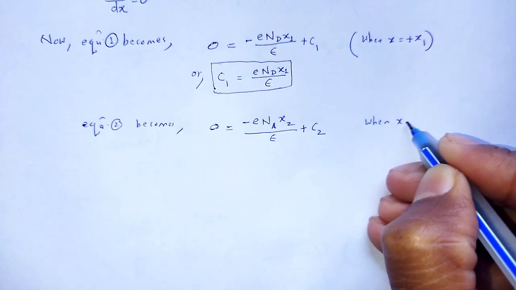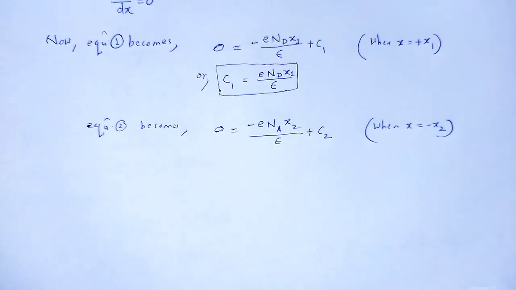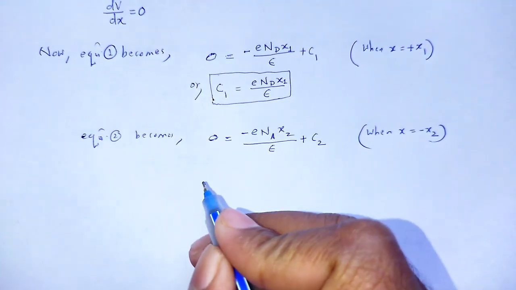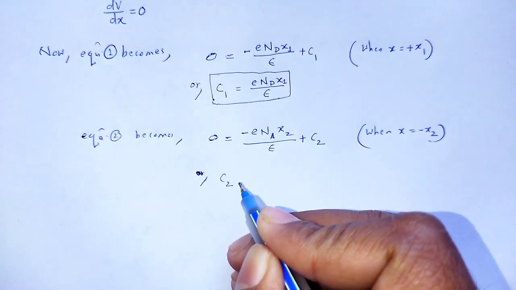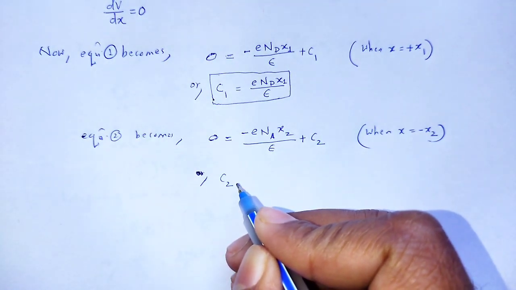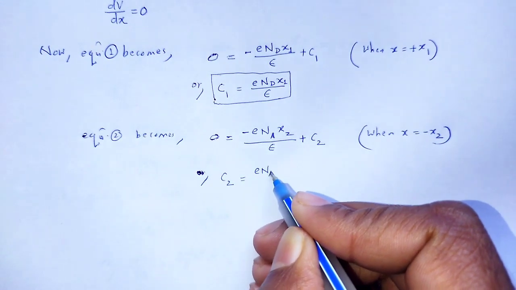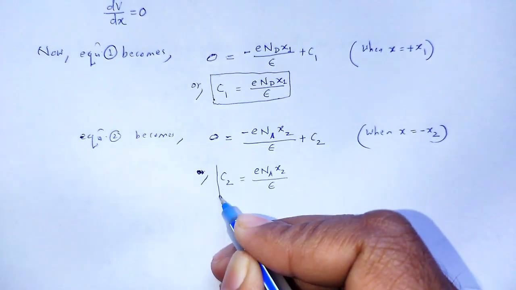Here we use x equal to minus x2, so 0 is equal to minus e Na x2 divided by epsilon plus C2. Another constant, C2, is e Na x2 divided by epsilon.